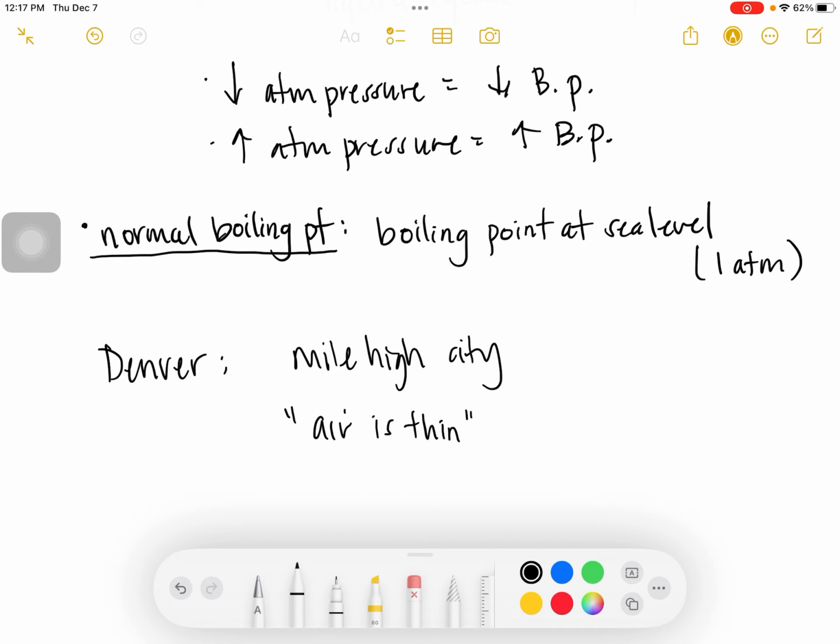And I hate this phrase because air is not thin, nor is it somewhere else thick. Okay, but what they mean by that is there are less particles in the air at that elevation. And so less particles, as we talked about earlier, means less collisions, which means less pressure.